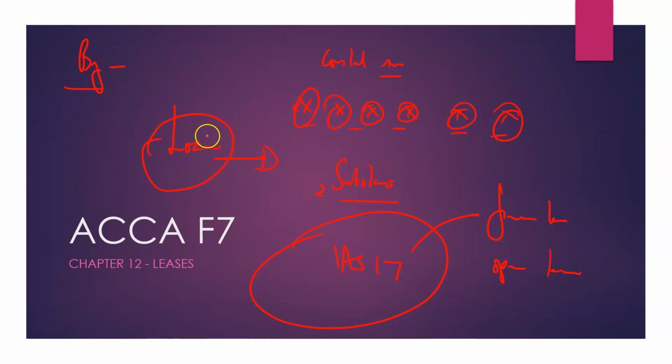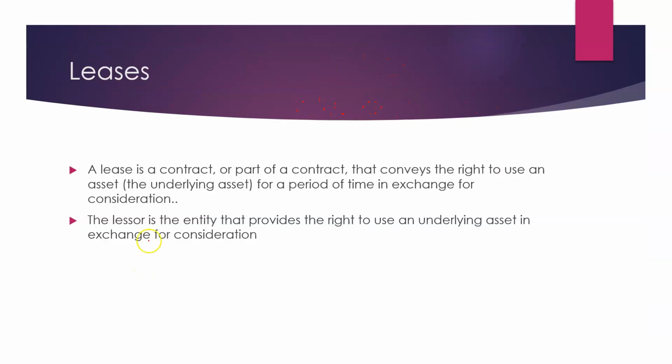You are paying back the company in bits, and using this asset. And so the substance of this relationship is the idea of recognizing a loan and then buying the asset. So leases, there we are.